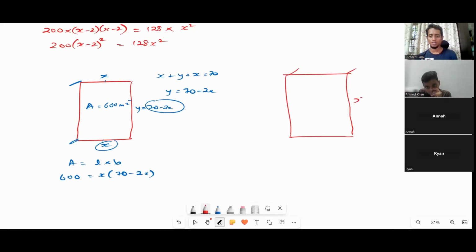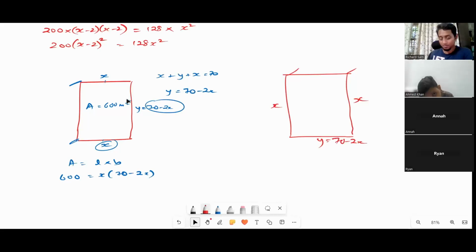So we'll take this as x, this one as x. We'll get the same thing only, I think. If this is y, here also the total will be 70 minus 2x. So whichever side the wall is, you'll get the same equation. So it doesn't matter here. Okay, everyone?